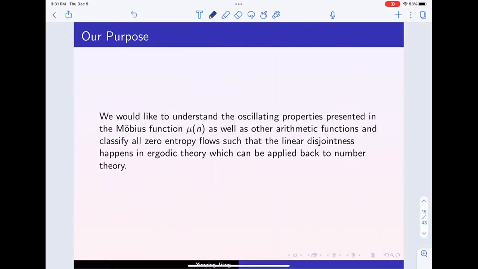So what is our purpose actually? We would like to understand this oscillating property presented in the Mobius function. As I just said, the Mobius function has some kind of oscillating property, but actually they have many different versions of this oscillation, and also some other arithmetic functions. We also want to classify all the zero entropy flows such that linear disjointness happens in ergodic theory. And possibly we want to apply this back to number theory.